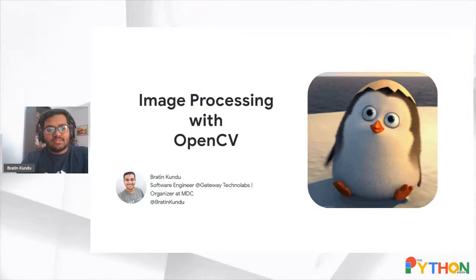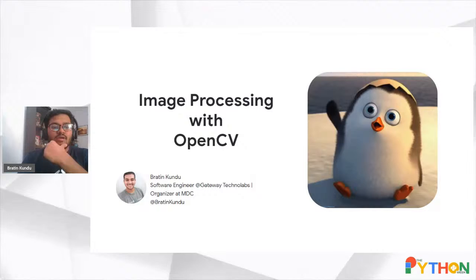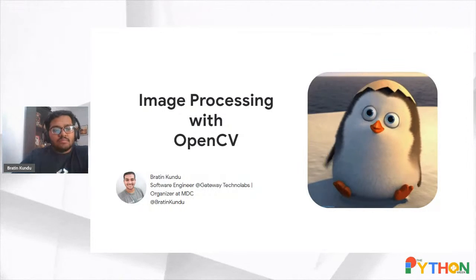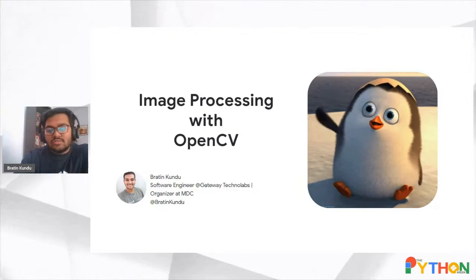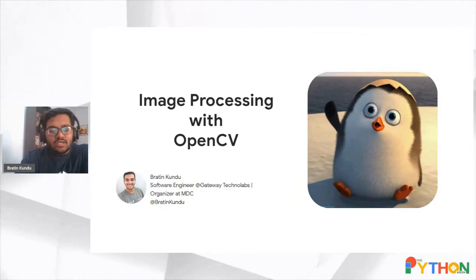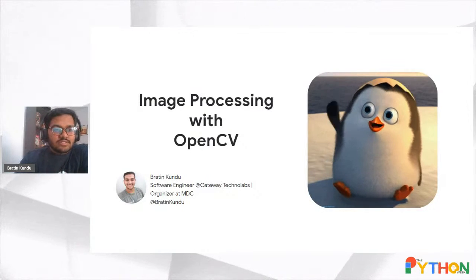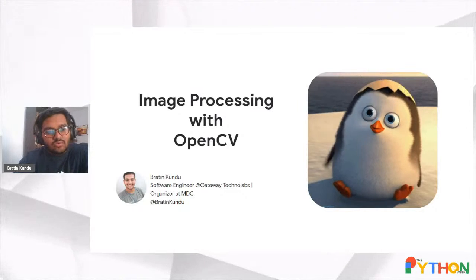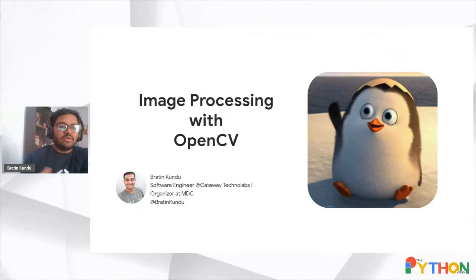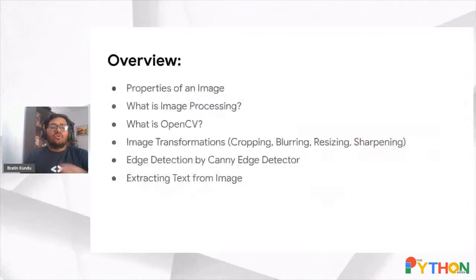Again, it has two words, image and then processing. So first of all, when you are operating with image, you need to know what is actually image technically, how the image is represented, and what all the things that you need to know before playing with any kind of image. So the overview of this talk is kind of like this.